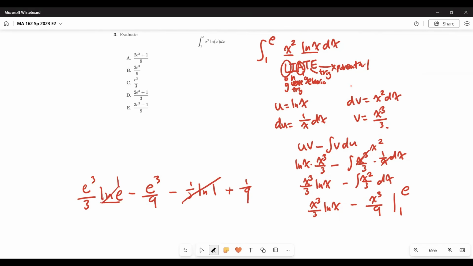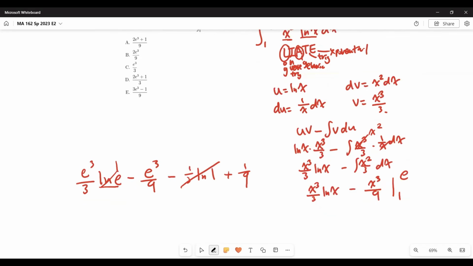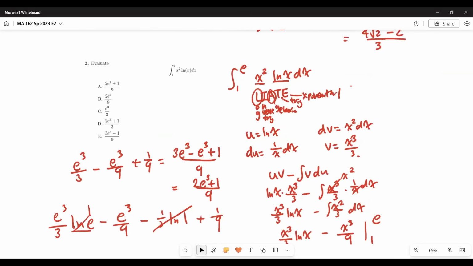So this eventually becomes, I'll write it above, e cubed over 3 minus e cubed over 9 plus 1 over 9. So this becomes 3e cubed minus e cubed plus 1, so this is 2e cubed plus 1 over 9. So that means our answer is A.